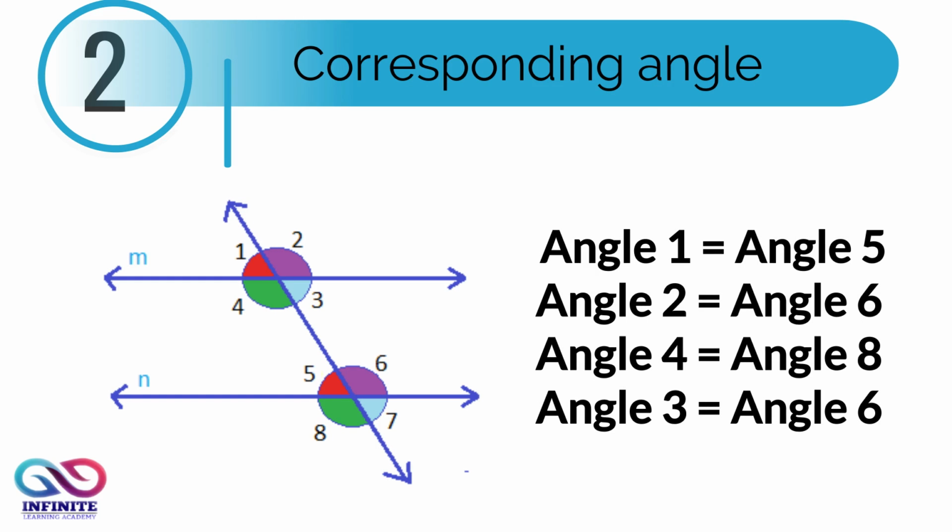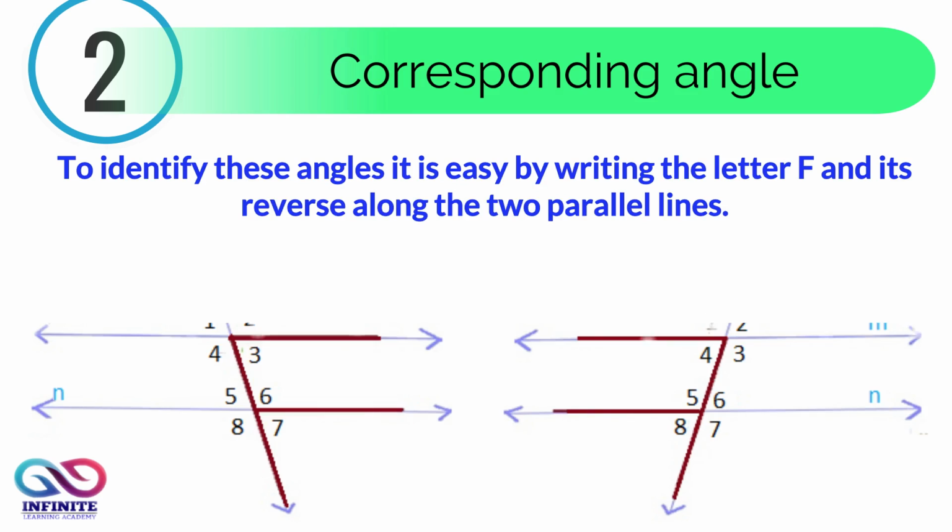In the figure shown, the pairs of corresponding angles are angle 1 equals 5, angle 2 equals 6, angle 4 equals 8, and angle 3 equals 7. To identify these angles, it is easy by writing the letter F and its reverse along the two parallel lines.